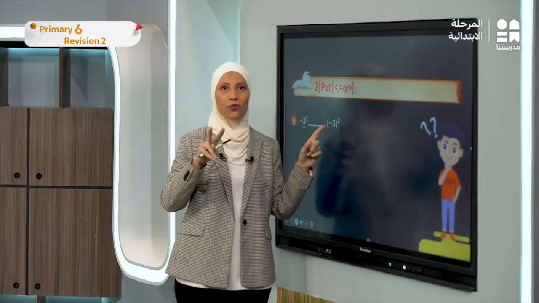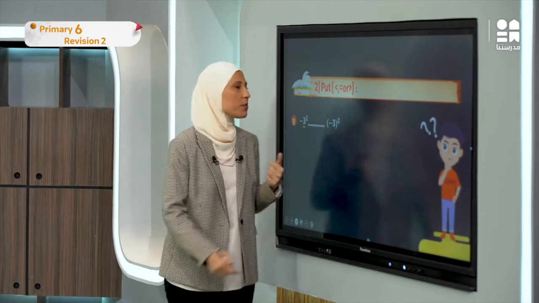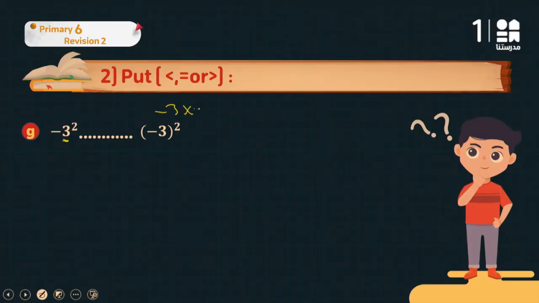Negative 3 repeated 2 times. So here it seems like negative 3 times negative 3, so it will be positive 9. But here it will be negative and 3 repeated 2 times. So 3 times 3 equal 9 with negative outside, so it will be negative 9. So there is a difference between both of them.